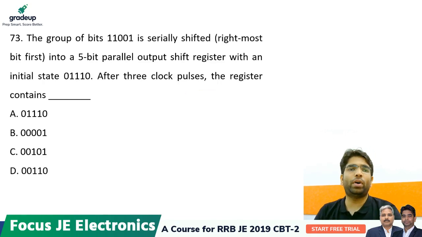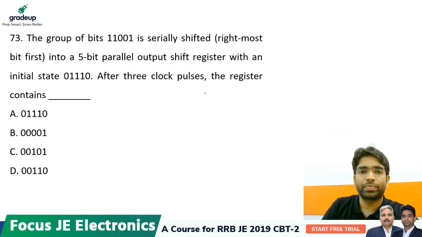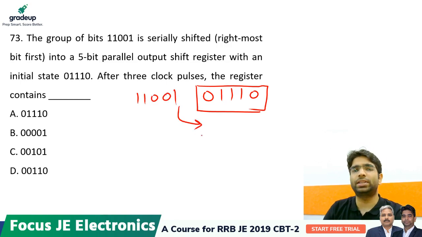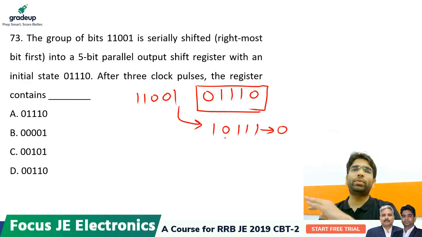The first group of bits 1101 is serially shifted, rightmost bit first, into an 8-bit parallel output shift register with an initial state of 0 1 1 1 0. It is in the register, and 1 1 0 0 1 is to be shifted into this register. For the first clock, what will be the case? It will be 1 0 1 1 1, and this 0 will be thrown out of the register.